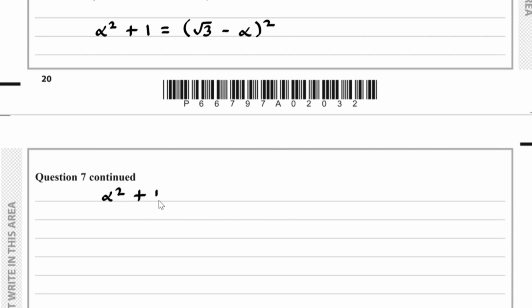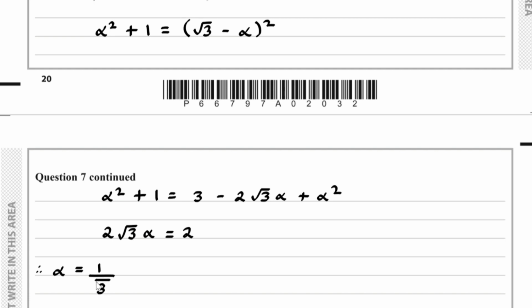So alpha squared plus 1 equals 3 minus 2 root 3 alpha plus alpha squared. The alpha squared cancels on both sides. And if we tidy everything up, we've got 2 root 3 alpha equals 2, from which we can conclude alpha is equal to 1 over the square root of 3.